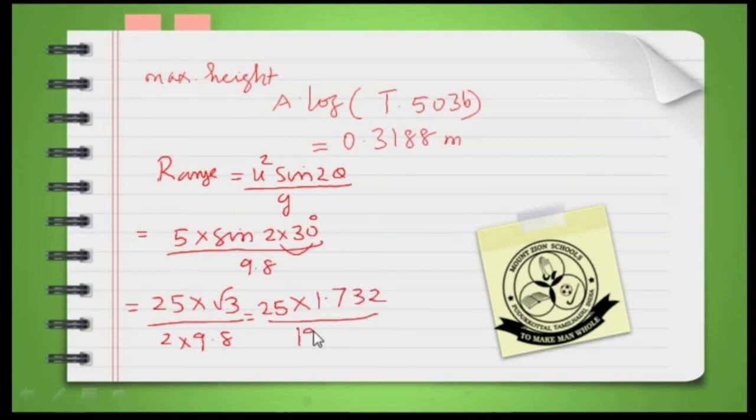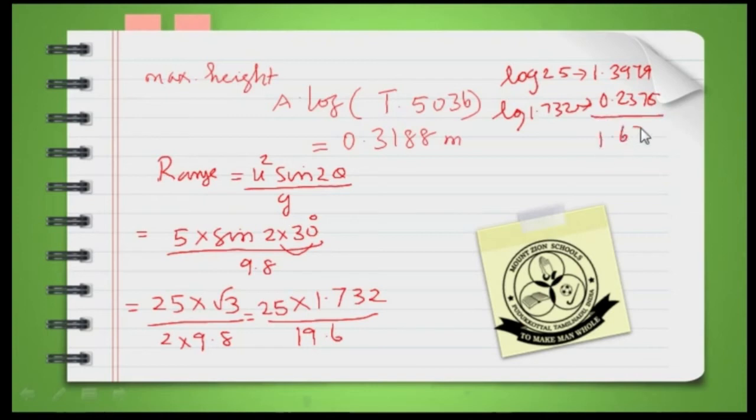So it is 19.6. Now when I solve using the log, what is the log 25 value? It is 1.3979. And what is log 1.732? 0.2375.